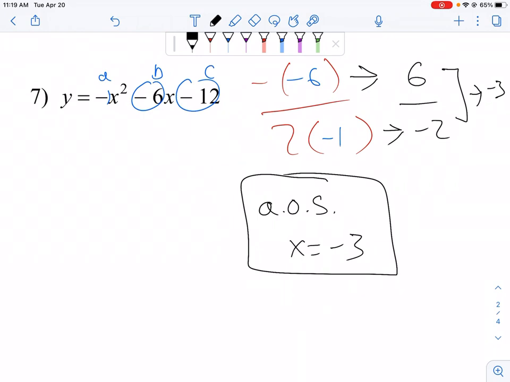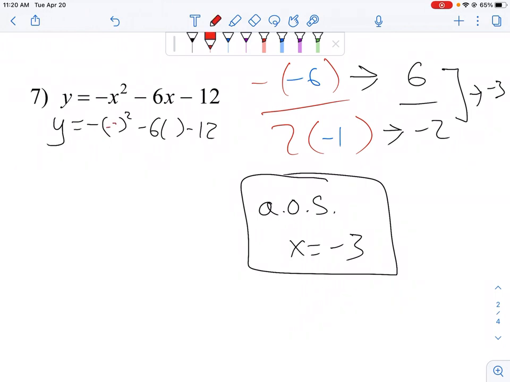And then we're going to take that and plug it back in. So I'm going to replace y equals negative x squared minus 6 times x minus 12, and I'm replacing all of that with a negative 3. So y equals, this negative isn't changing yet.